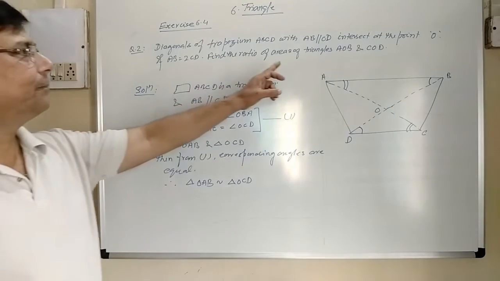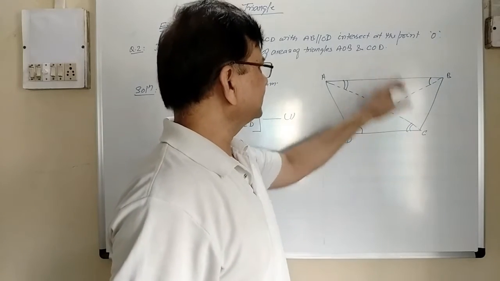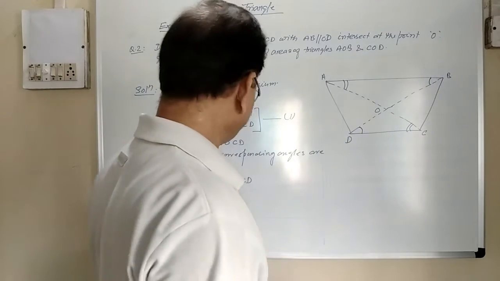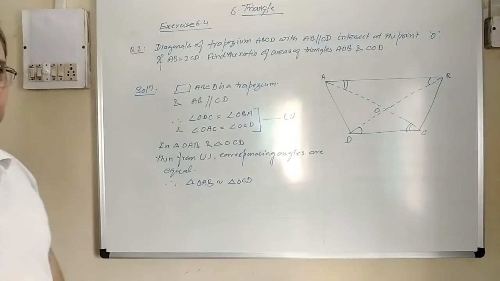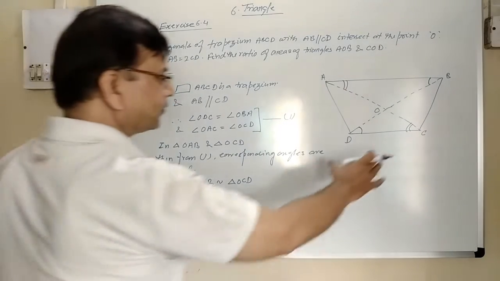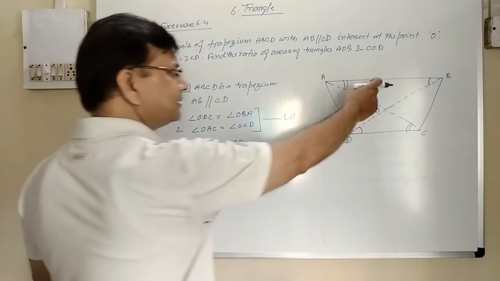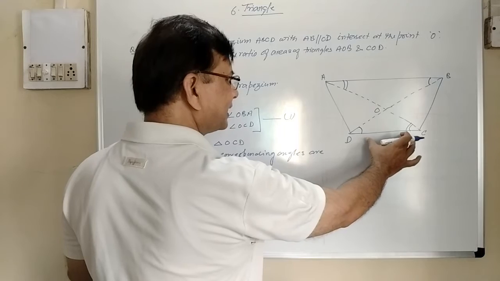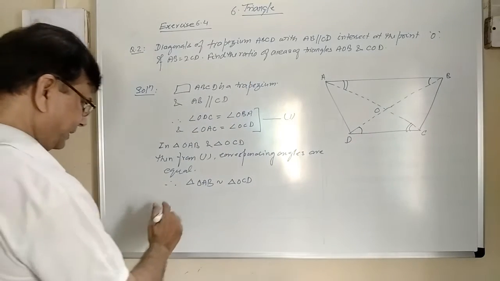Then we have to find the ratio of areas of triangles AOB and COD. So what are the corresponding sides? These two triangles are similar, so corresponding sides are AB corresponds to DC, right?